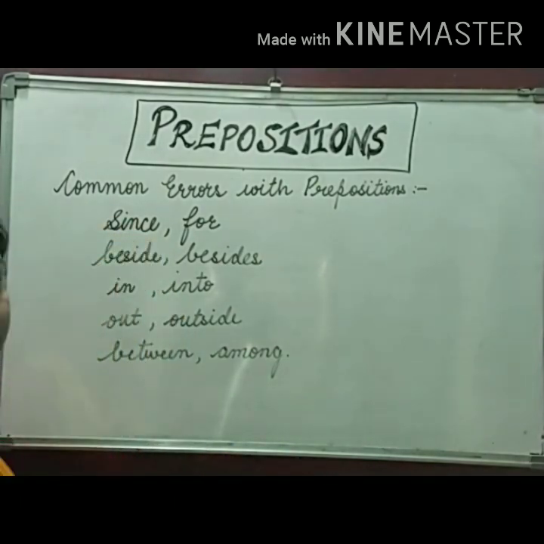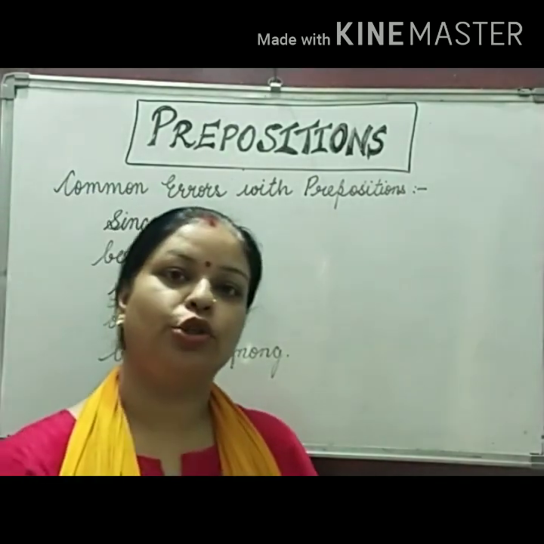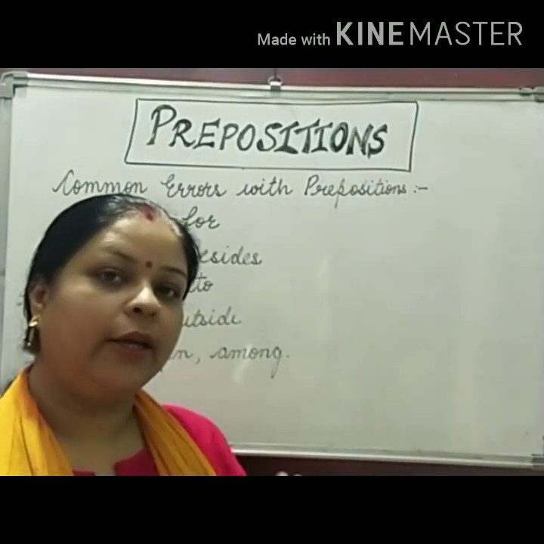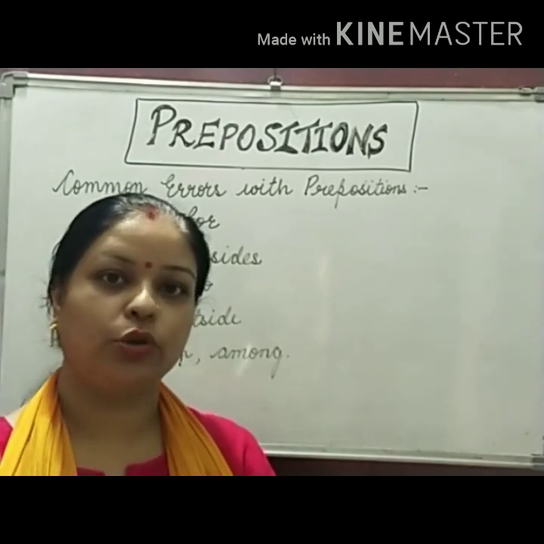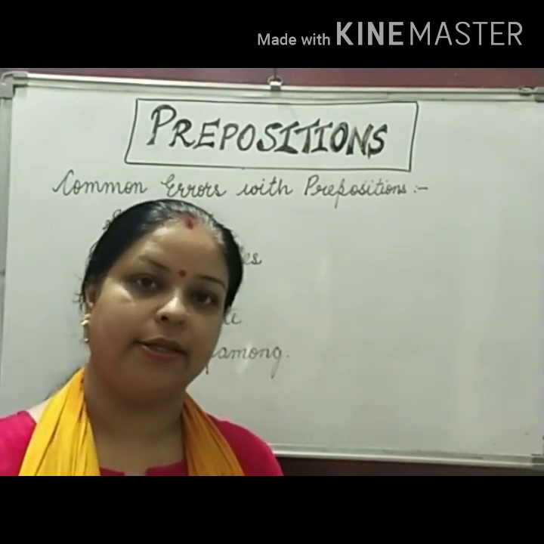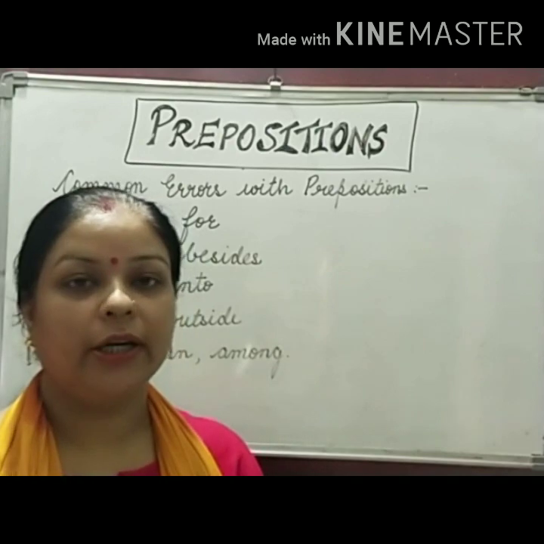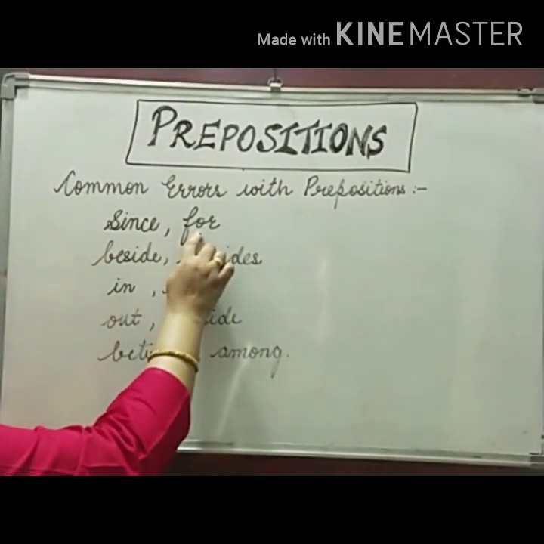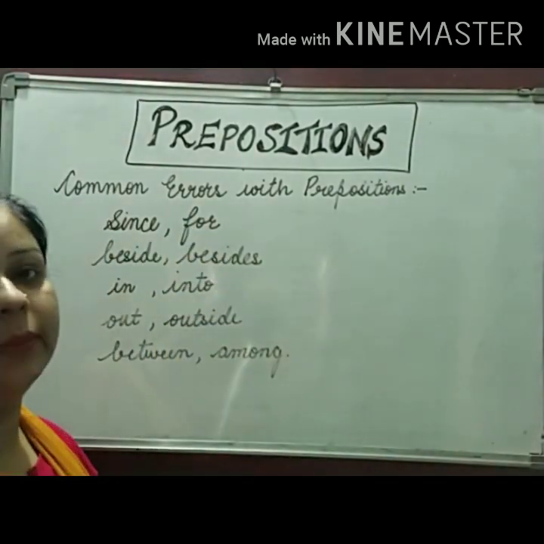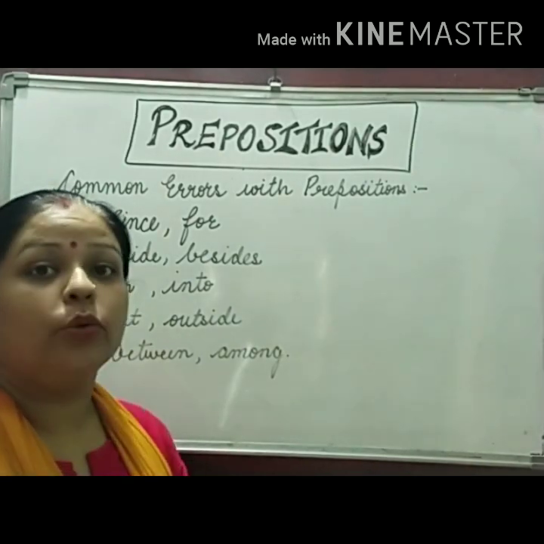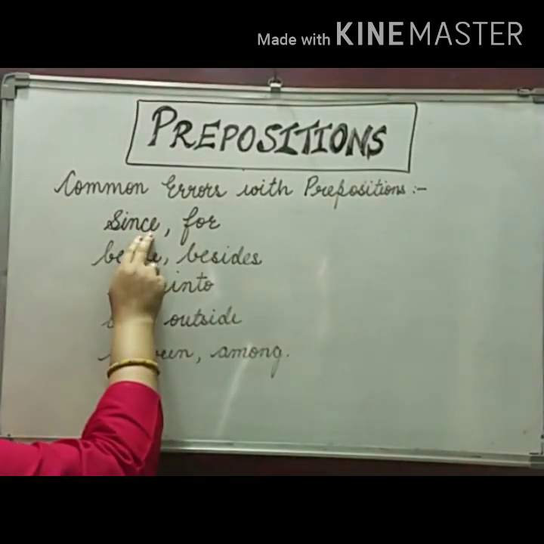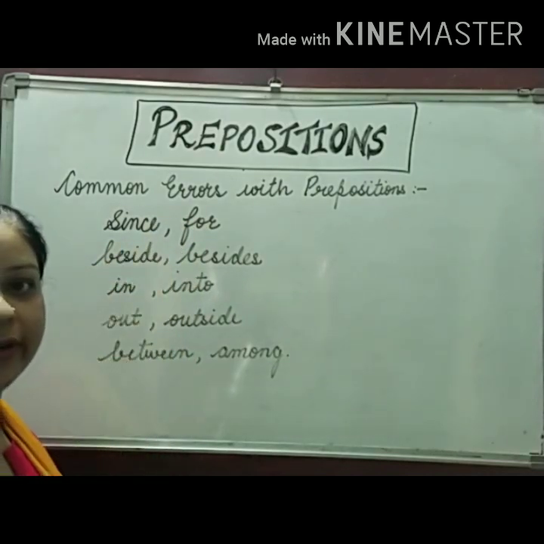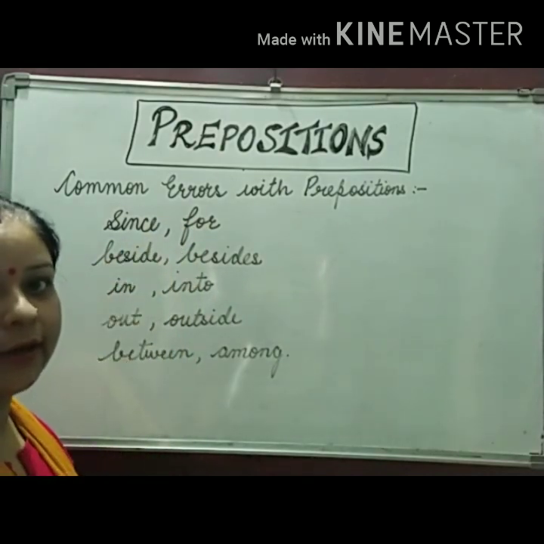Since is used as a preposition to show a point of time. When we talk about a point of time, to show that relation in the sentence we use since. But when we use for, it means we are talking about a period of time, a duration of time. So that is the difference between since and for; if you read it in the book you will clearly understand.